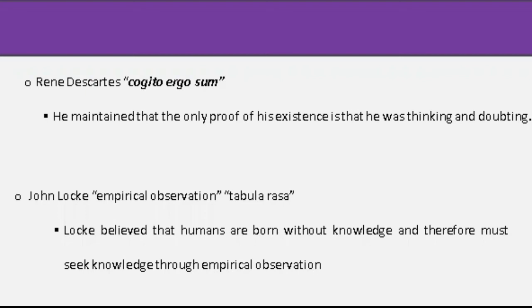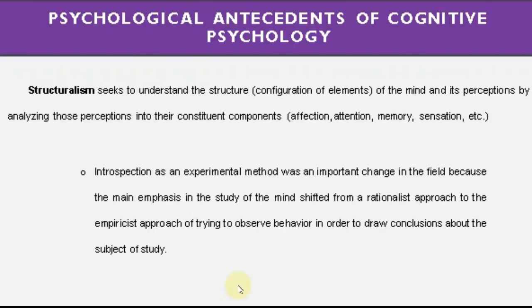Tabula rasa is like a magic slate na pinaglalaroan mo nung bata ka. Okay, ako lang ata yan because I'm too old for that one. It's a blank slate, na tabula rasa means blank slate, isa siyang malinis na papel. And as you grow older, nagkakaroon ng laman based on the experiences. Sabi ni John Locke, we learn because we are like a blank slate, na as we grow older, nagkakaroon tayo ng laman based on the experiences na mangyayari sa atin.